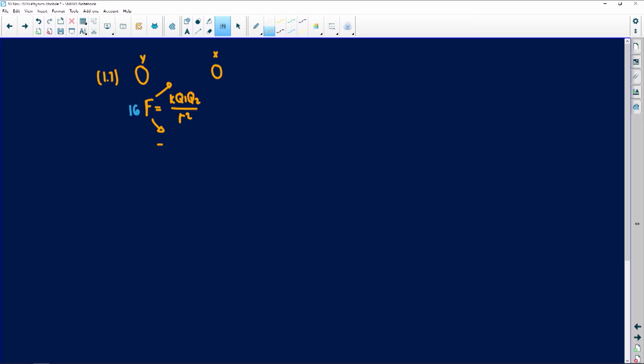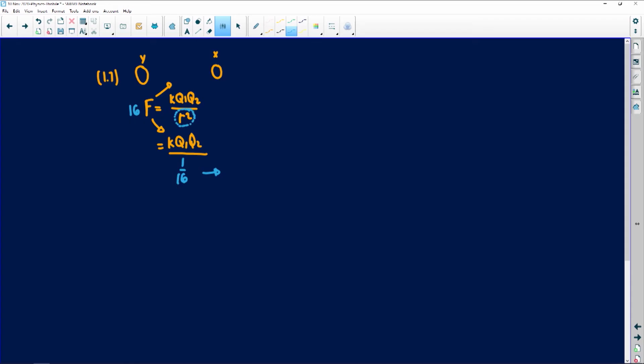Let me just do it the long way around, I'm going to have k Q1 Q2 all over, and the inverse of that, I'm going to have this as 1 over 16, right? Now remember, if it was 1 over 16, you're looking for force, you do the inverse of this, which then gives you 16. The only tricky thing most people would have forgotten here is that the radius is squared.